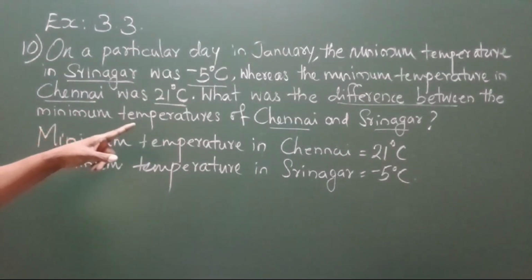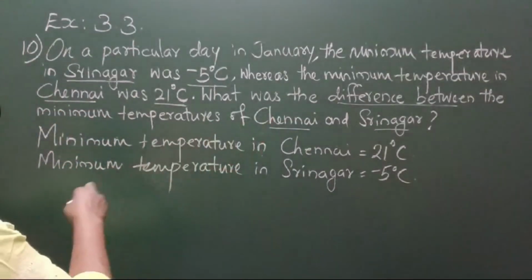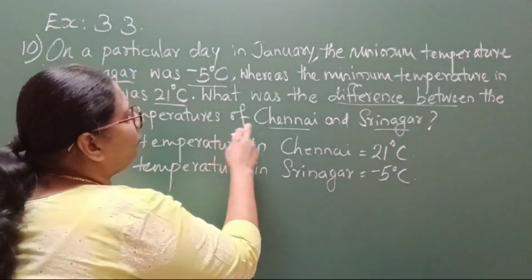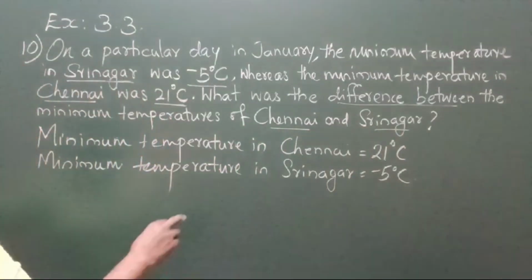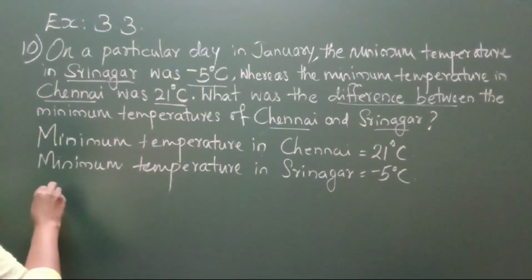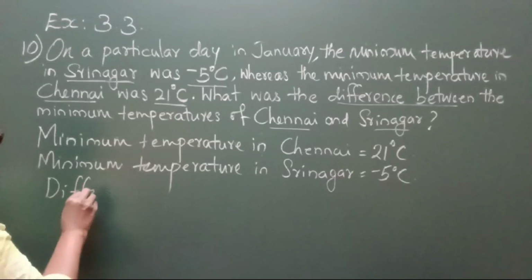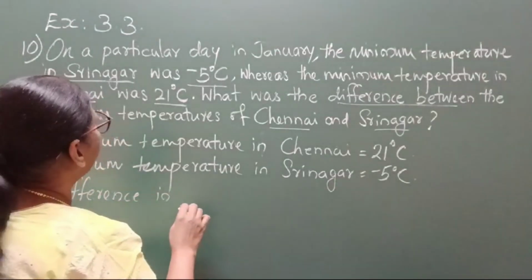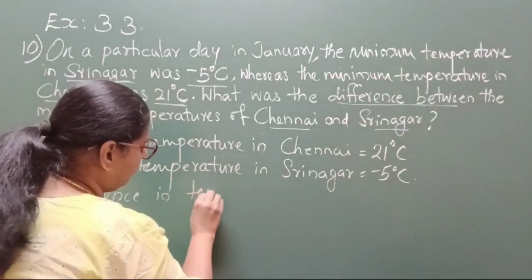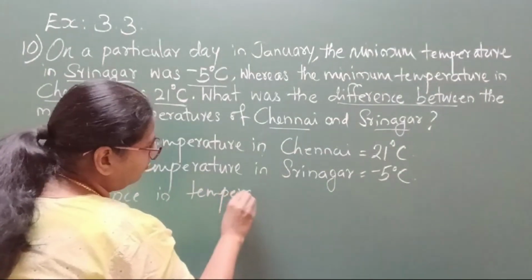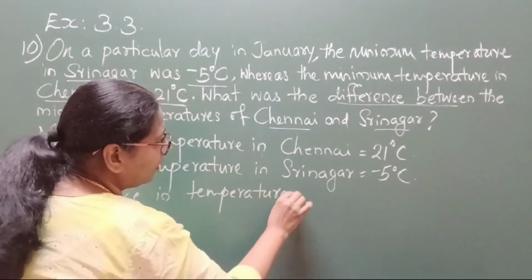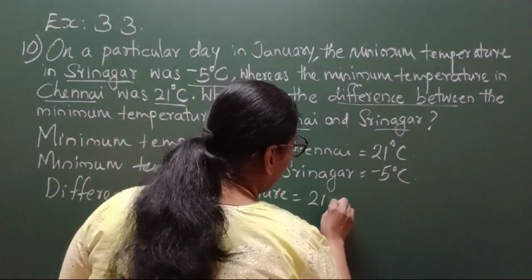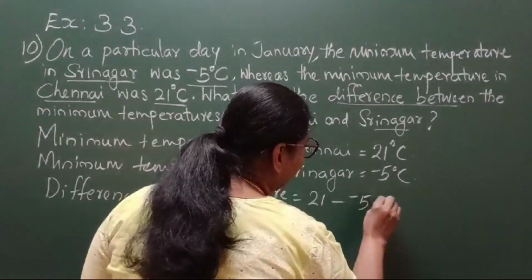Now what we have to find out is the difference between. That means we have to subtract, of Chennai and Srinagar. That means difference in temperature is equal to 21 minus 5.